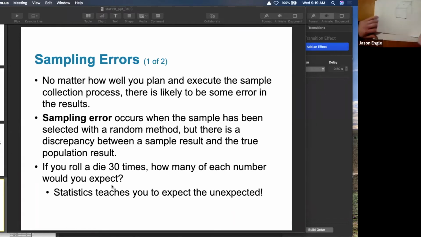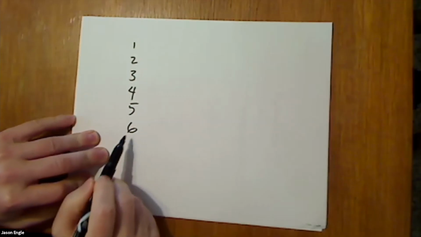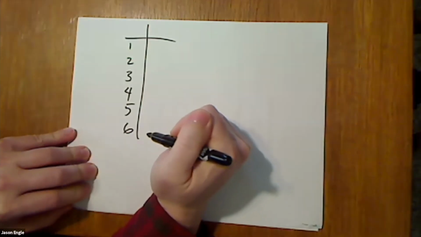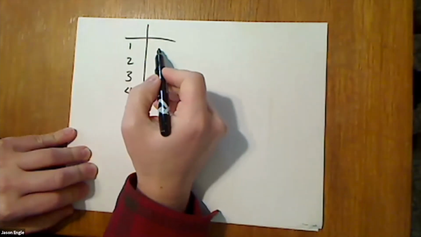Let me put it this way. If each number has an equal chance of coming up, I'm going to be getting one of these 6 numbers, 1 through 6. Then how many ones would I expect?